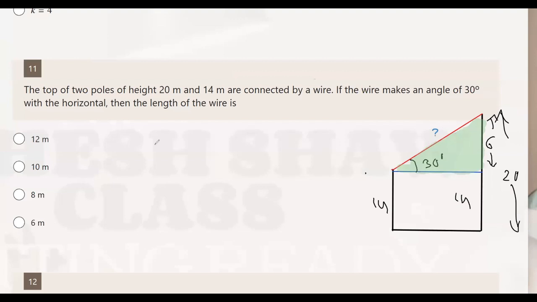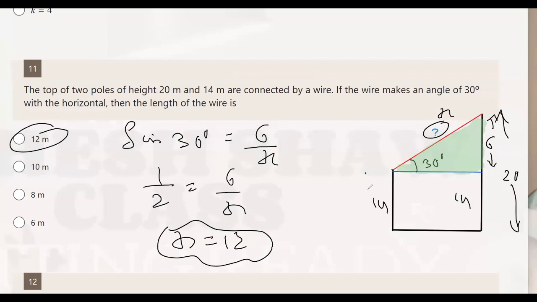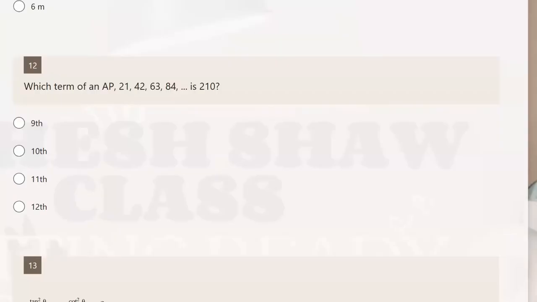So this is sine. Sine 30 degrees is perpendicular over hypotenuse, which is 6 over x. Sine 30 is half. So by cross multiplication, x is equal to 12. So 12 meters is the first option in this case.